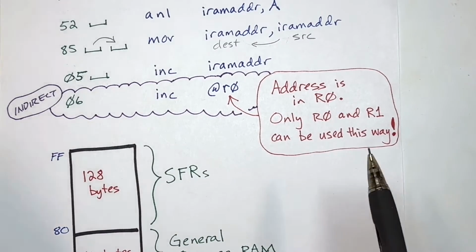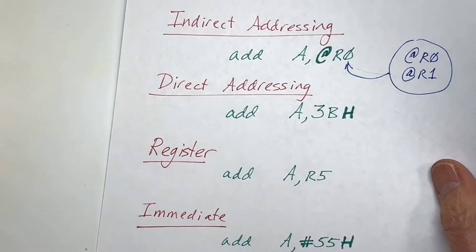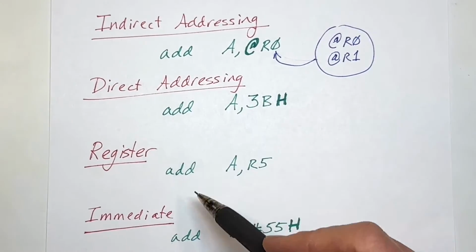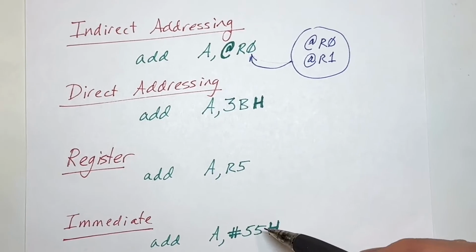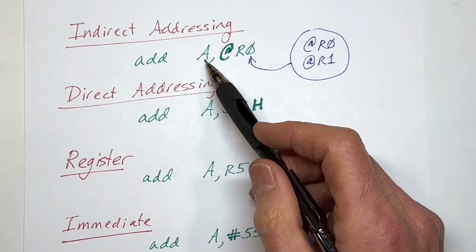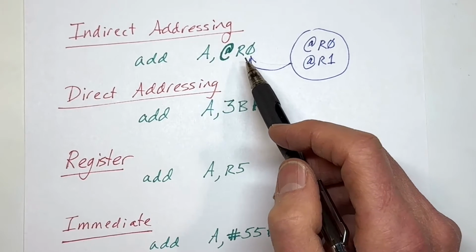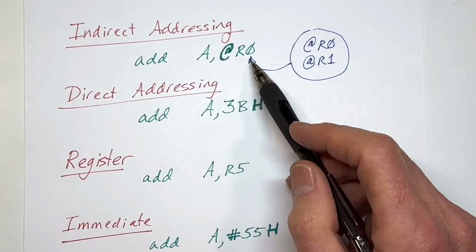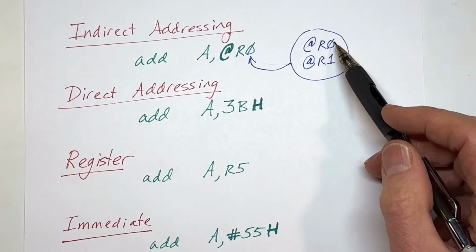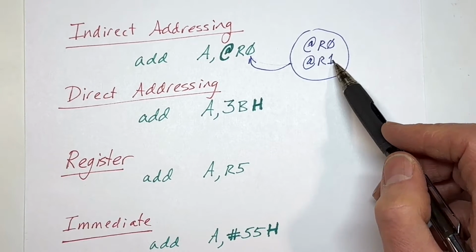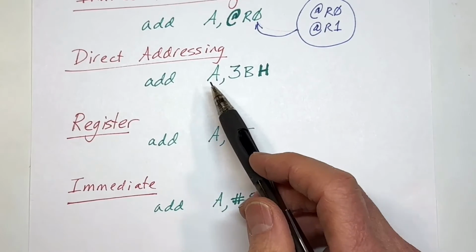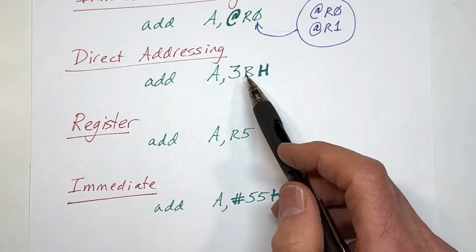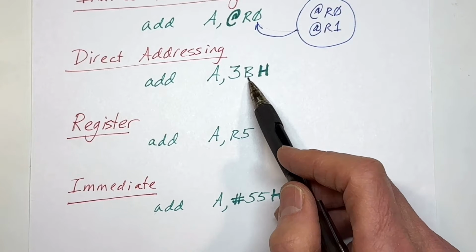So to recap the different kinds of instruction addressing, we have indirect addressing, and here's an example with the add instruction, which uses all these different kinds. Here we're adding to the accumulator some value that we're getting from the internal RAM, and the second operand here is either @R0 or @R1. We could also use direct addressing, and so there's an add instruction where we are specifying a memory location here.